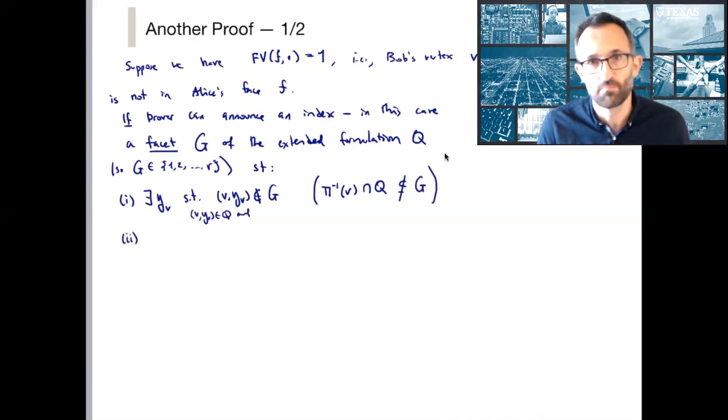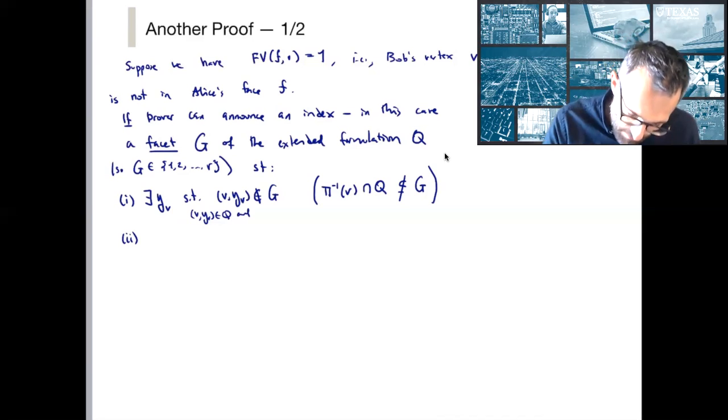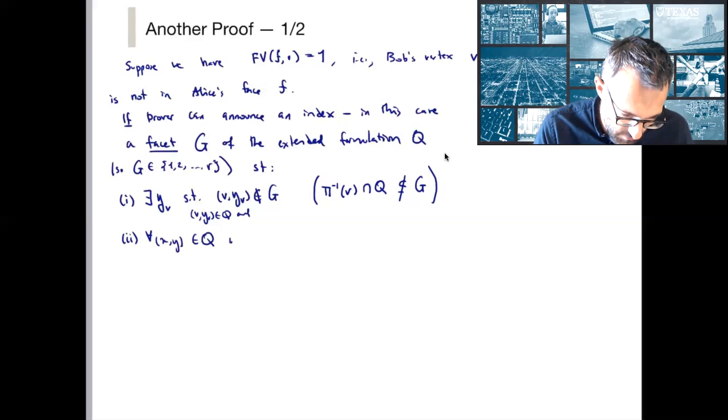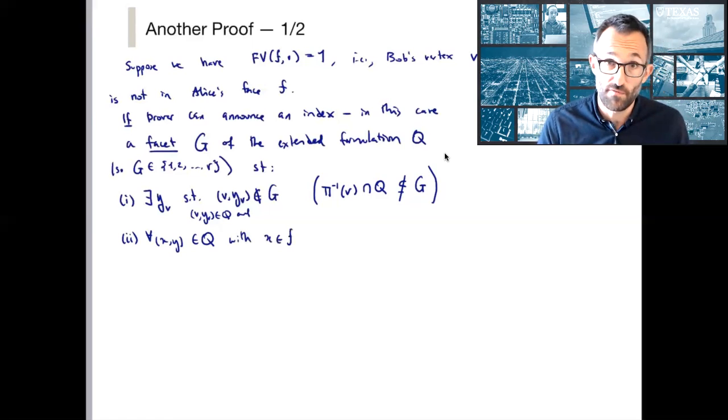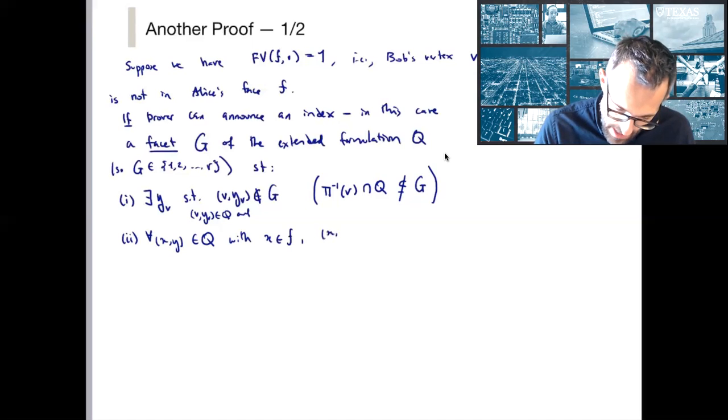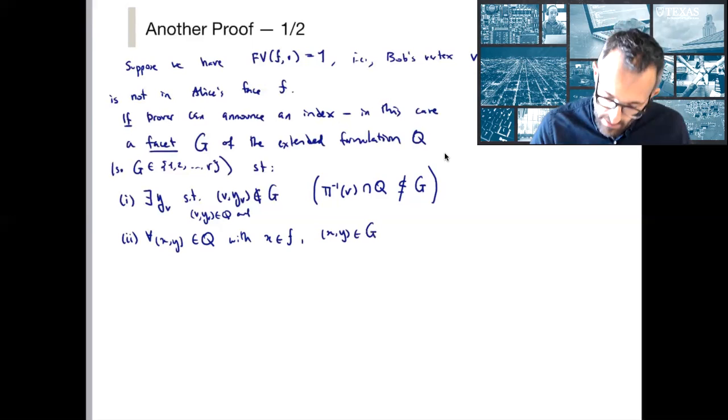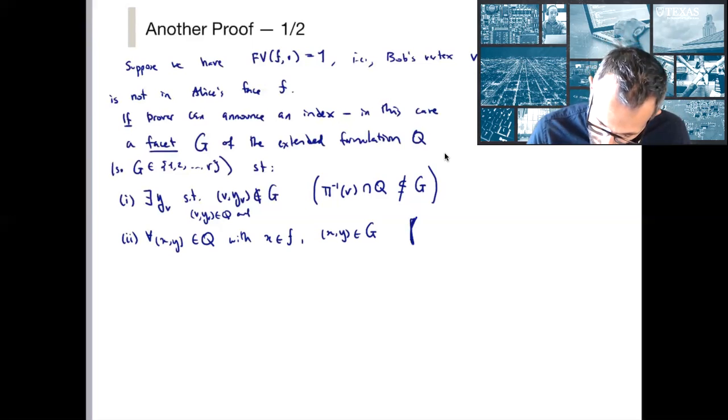We're going to use this notation when we come back to give a proof of the correlation polytope. So it's useful to see the parallels. And then the second property is that for any xy in Q with x an element of the face that Alice has, then xy is in G. So I can write this similarly with the notation pi as follows.